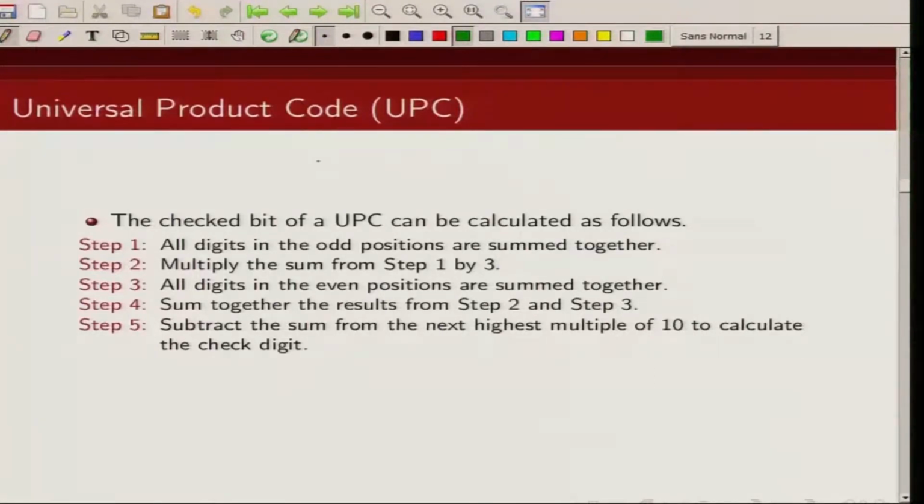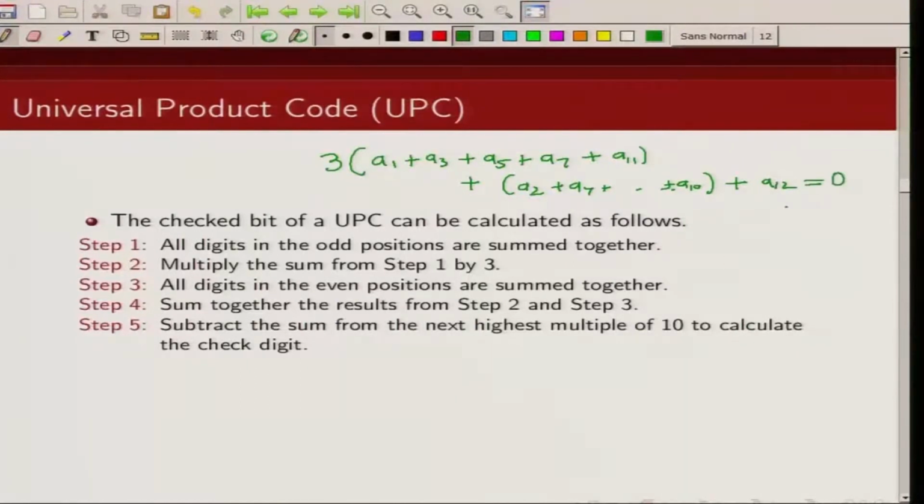So, you have 3 times (A1 plus A3 plus A5 plus A7 plus A9 plus A11), plus A2 plus A4 and so on. When you add them all up, plus your 12th digit, that should add up to 0 modulo 10.